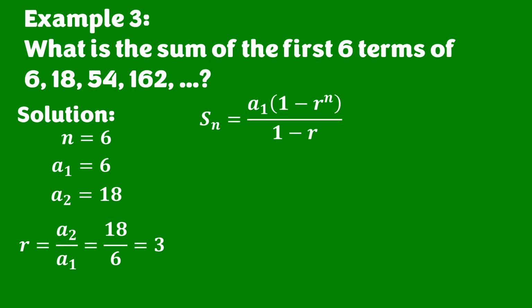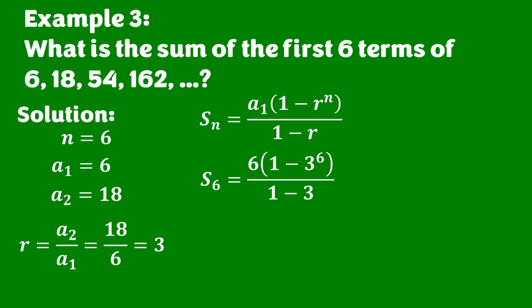So we're going to substitute the value of n, a sub 1, and r in the given formula. So we have S sub 6 is equal to 6, that is the value of a sub 1, times the quantity of 1 minus 3 raised to 6 all over 1 minus 3.